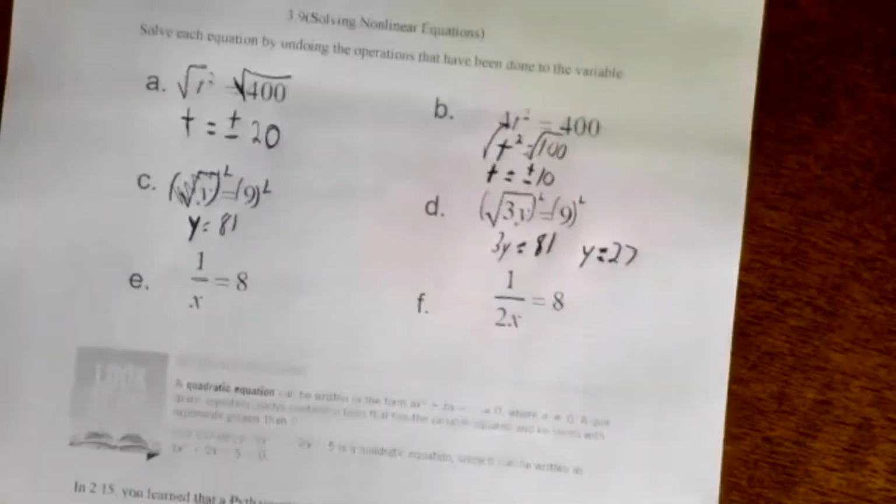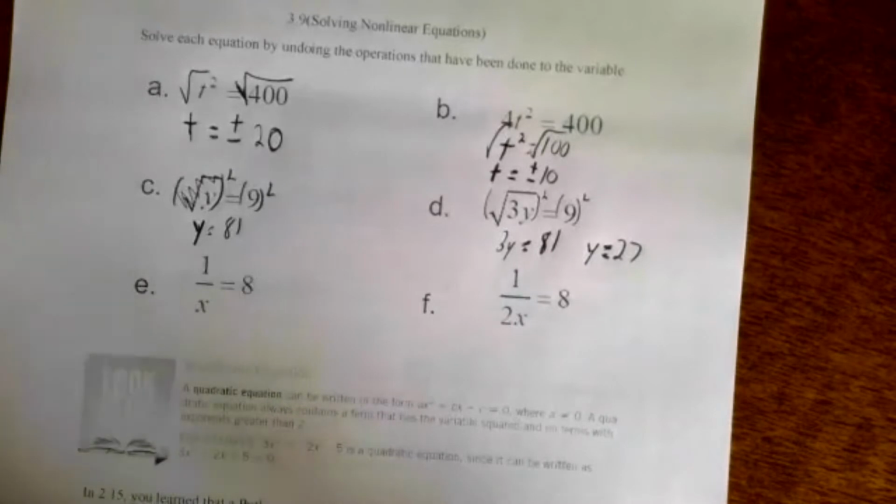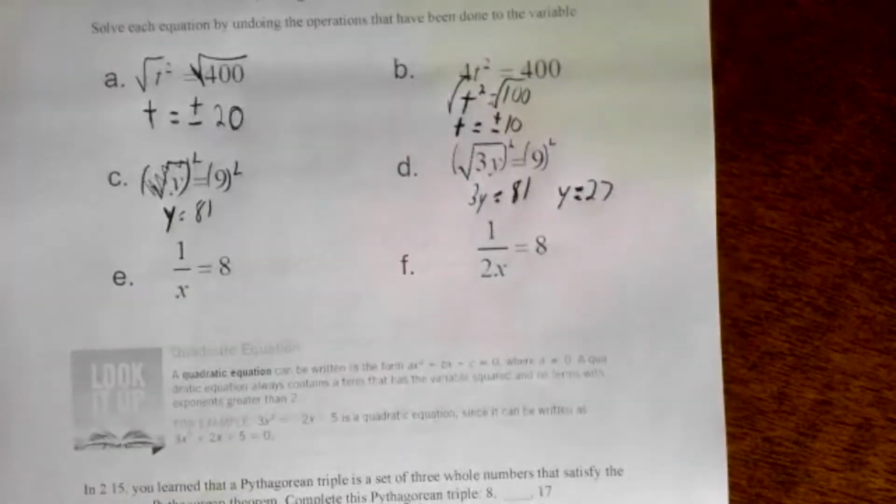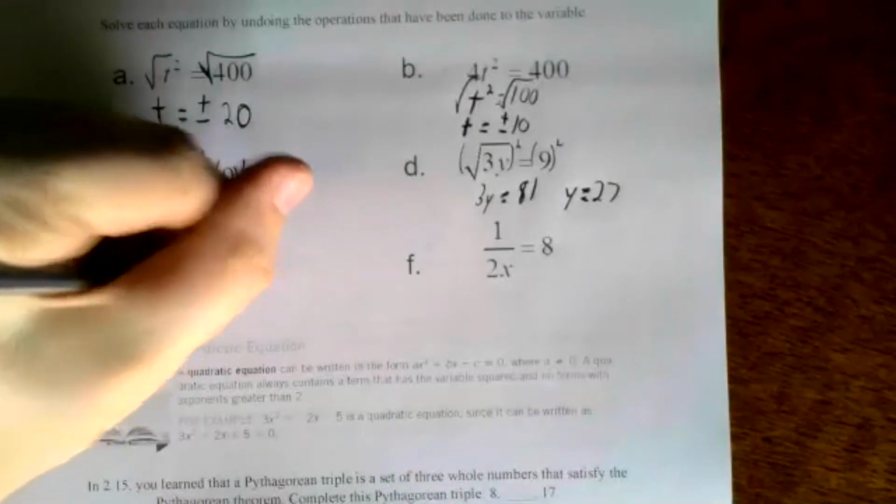All right, letter E. So we have 1 over x equals 8. So does anybody know how I can start solving for letter E? What if I do 8 over 1 instead? What can I do now?